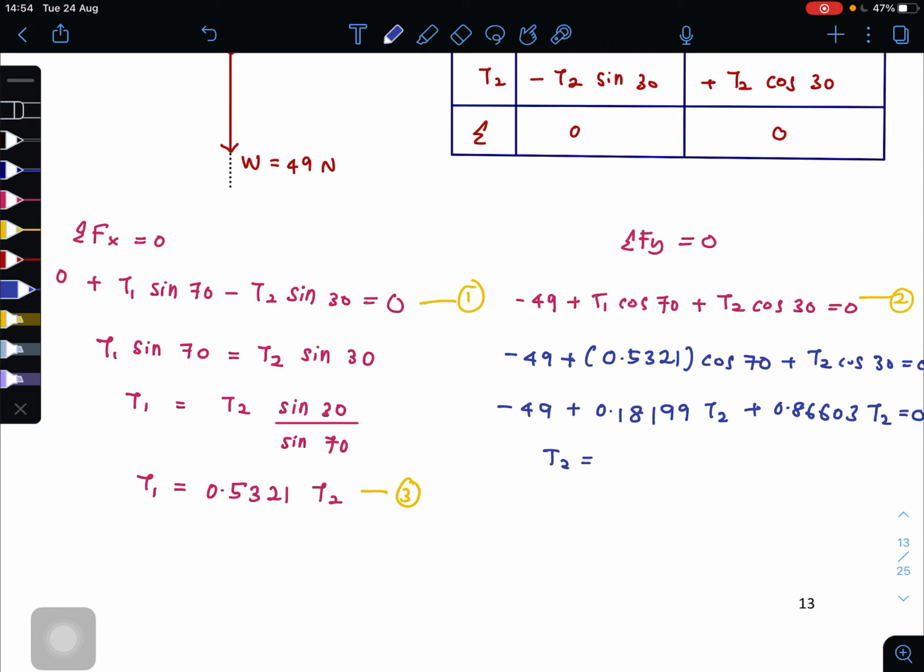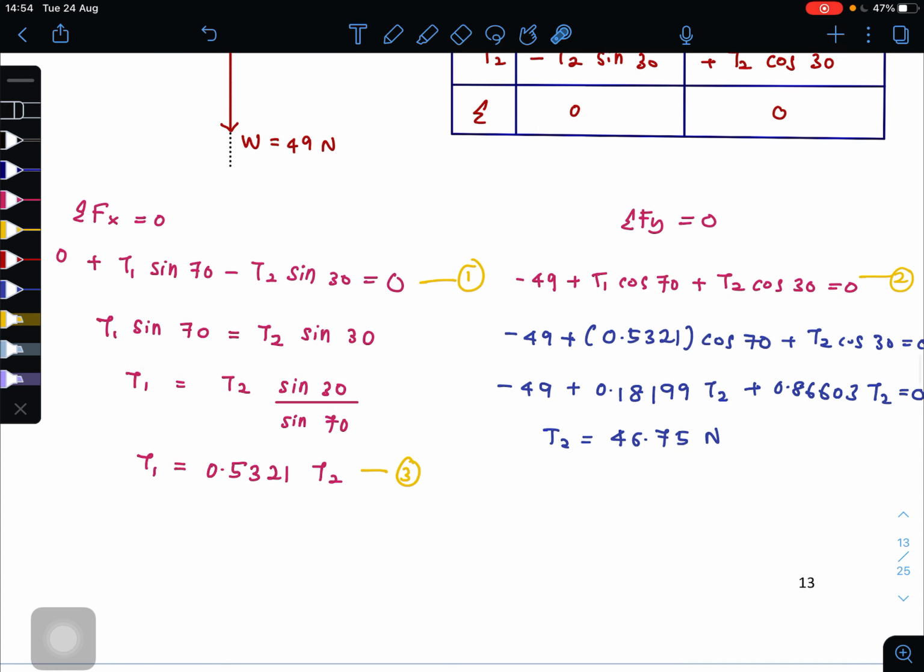So we will get T2 is equal to 46.75 Newton. For the final answer, you can leave it as 2 decimal places. So T2 is 46.75, and now you can just substitute T2 here, T1 equal to 0.5321 times T2.